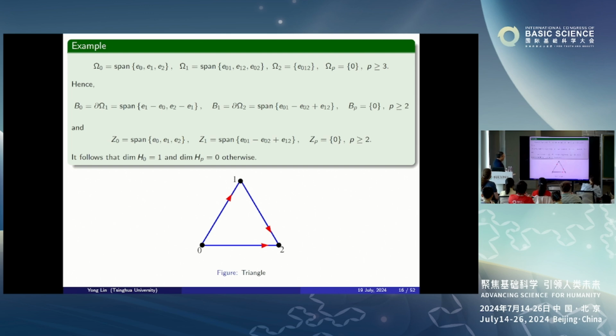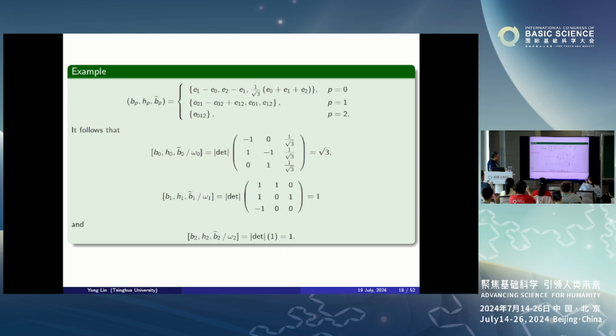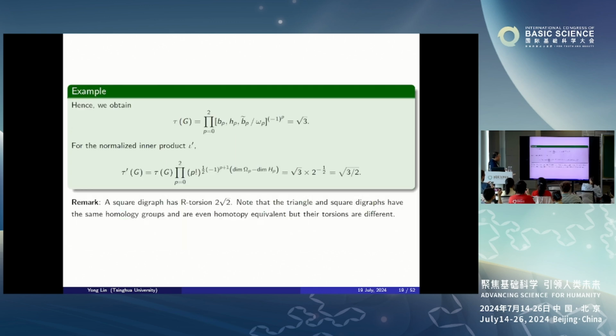Then from the definition you can get this. You choose another orthonormal basis, and finally you can obtain these torsions. This is the torsion for the standard inner product. This is for the normalized inner product.